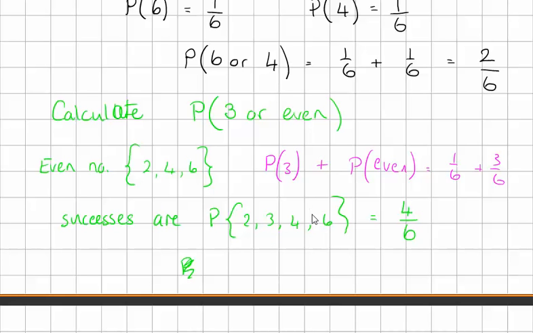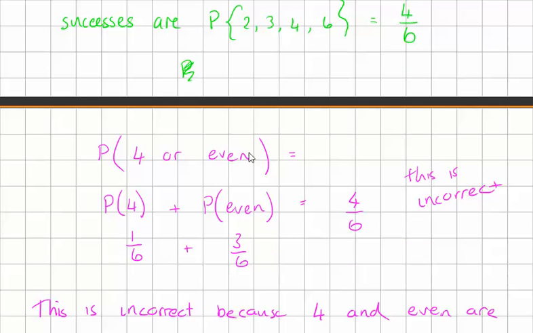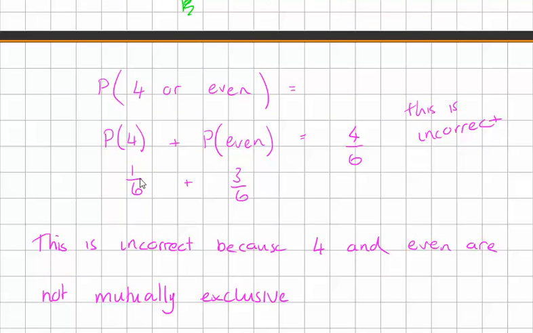When we don't have mutually exclusive, for instance 4 or even, you can't just add them together because 1/6 for 4, 3/6 for even makes 4/6, but that's incorrect. I think Hannah, you told me why it was incorrect, because 4 is even.